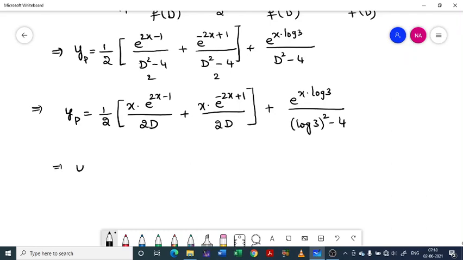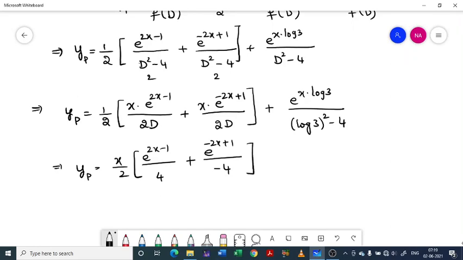So yp will be, you can take x outside, x by 2 times of e power 2x minus 1. Now replacing d by 2, you get 4 here, plus x I have taken outside, e power minus 2x plus 1 divided by, replacing d by minus 2, get minus 4, plus this is 3 power x by log 3 whole square minus 4.